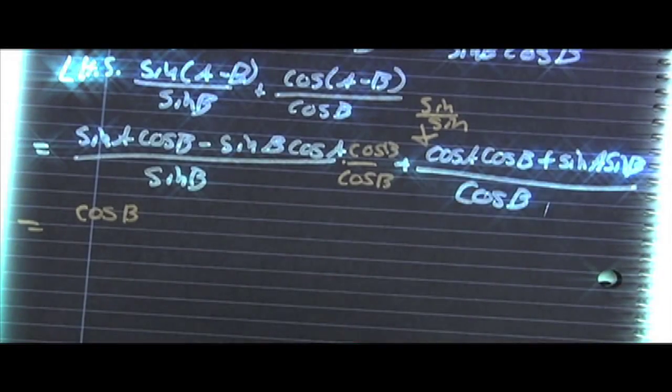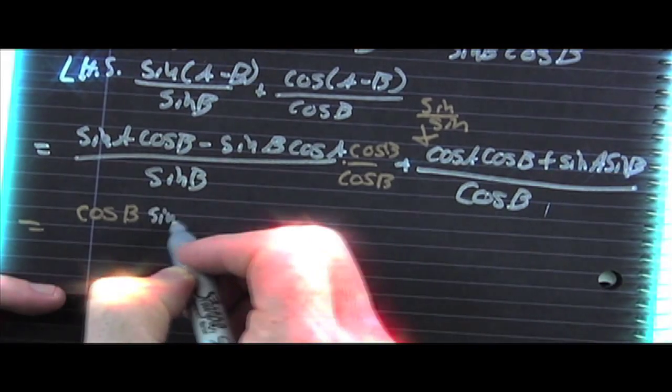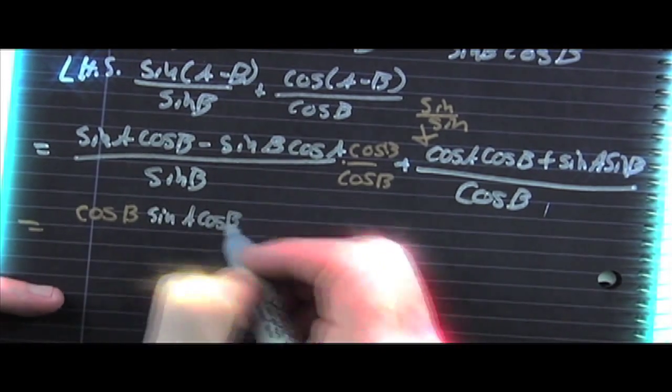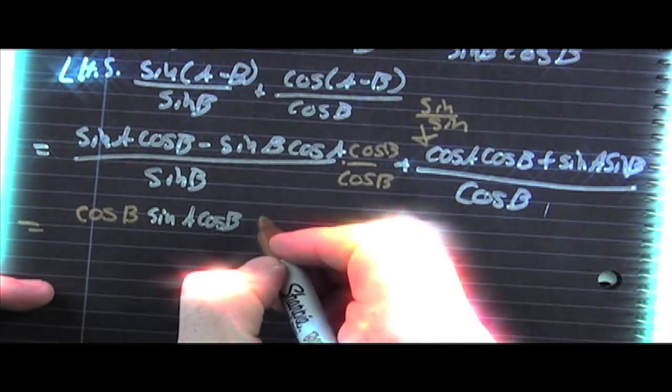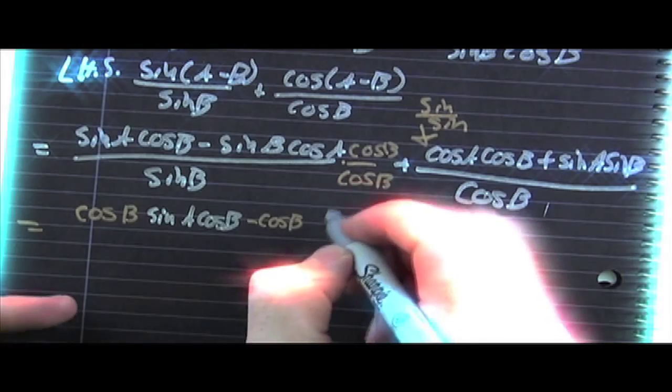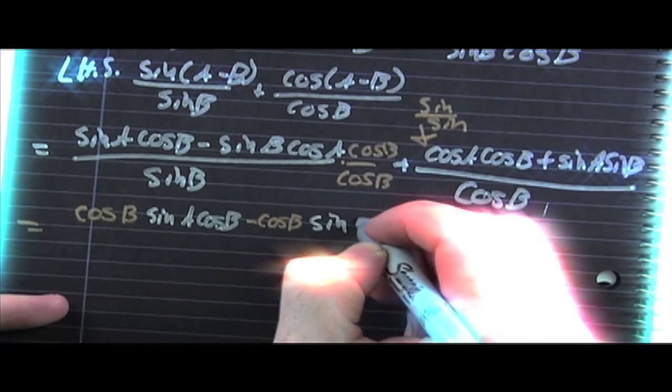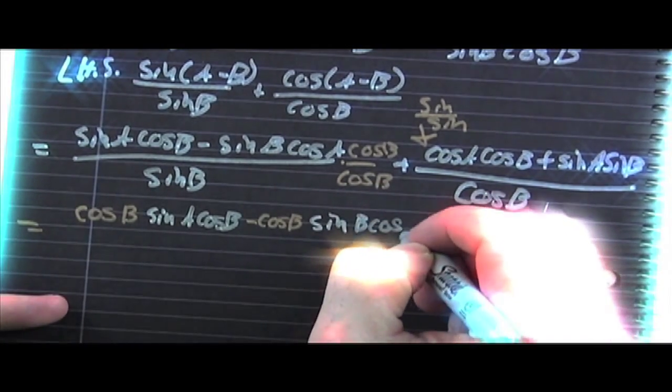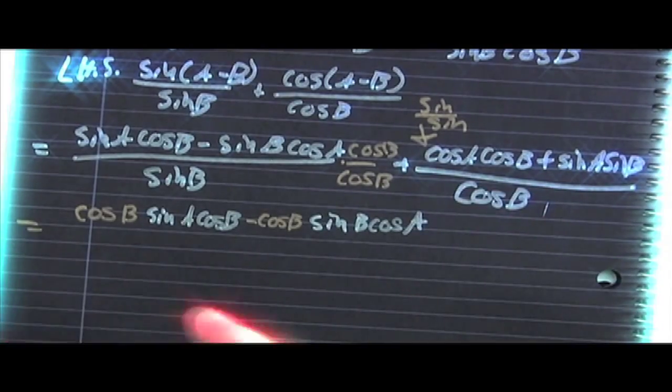When we take that cosine times that binomial in that numerator to that left-hand side, it's going to distribute in. And you will have the cosine b times that first term minus the cosine b times that second term. And then we're going to take that and we're going to divide it by the common denominator.